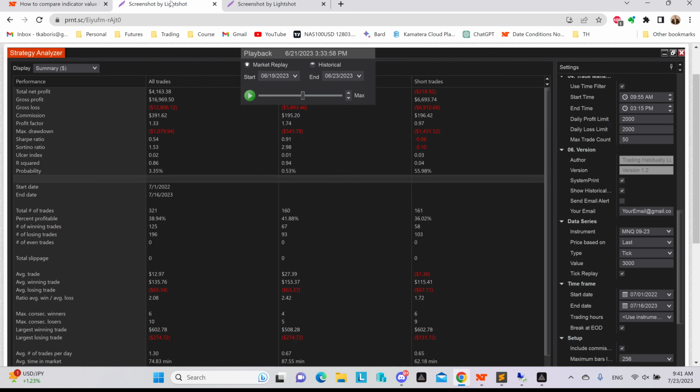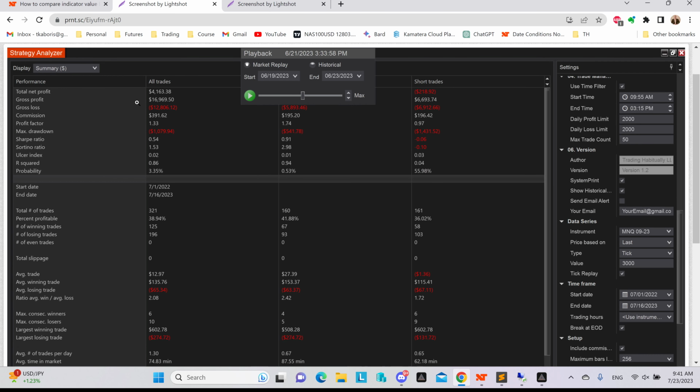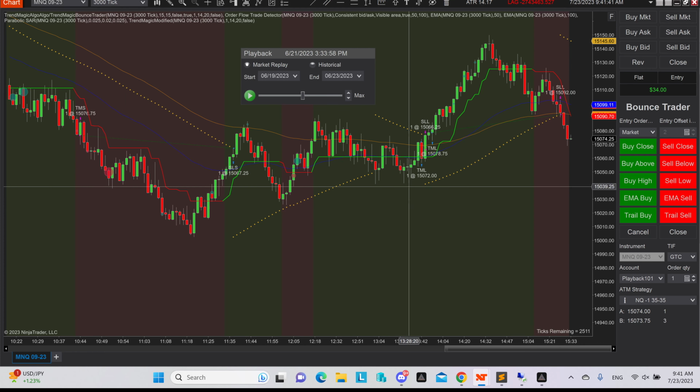I went through the charts to make sure it opens where it needs to open and closes where it needs to close, and it seems accurate. So this strategy tester seems to be accurate. I find this strategy pretty promising, and I'll be keeping on enhancing it, and I'll be trading this.